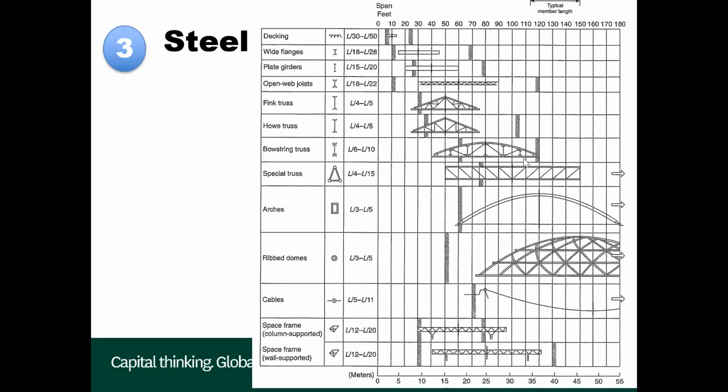A bowstring truss would be perfect for you. And its depth would be span divided by, say, about 7. So if it's about 30 meters, your truss is going to be a bit over 4 meters deep.